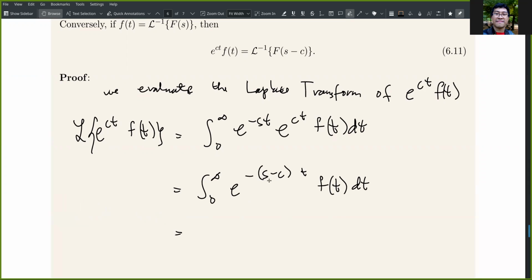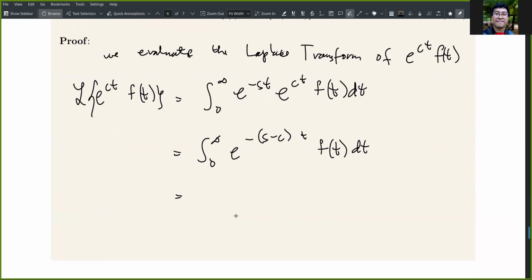If we set this as one variable, it's just a Laplace transform with kernel e to the minus that variable times t. We can set this also as a dummy variable, s minus c, similar to a Laplace transform where s is replaced by s minus c.